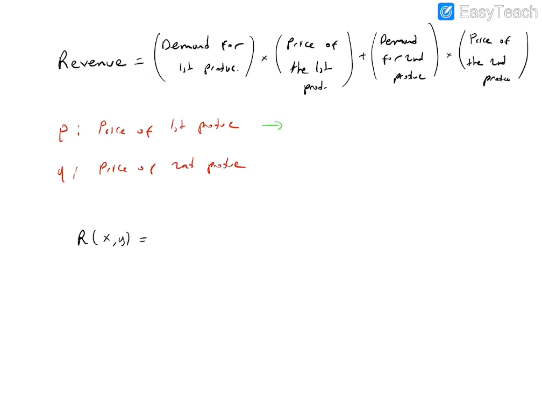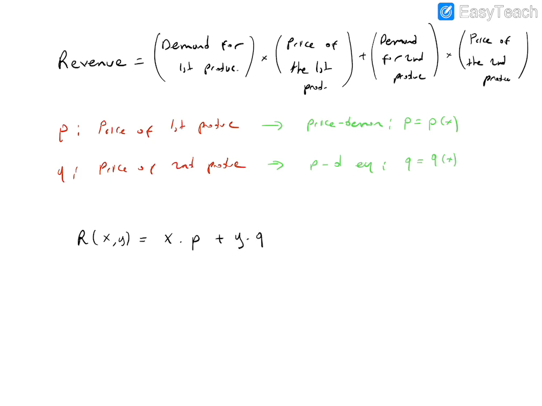So here, if we have the price demand equation, price equals p of x, and the price of the second item is q of y. So these are the price demand equations. Revenue equals demand for the first product x times p, plus demand of the second product y times q.